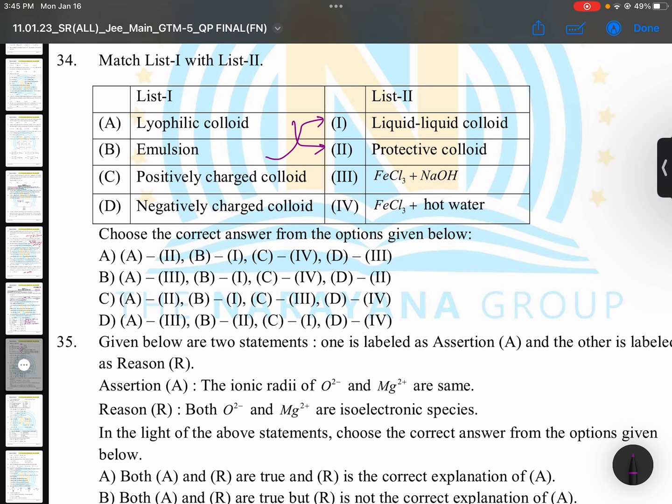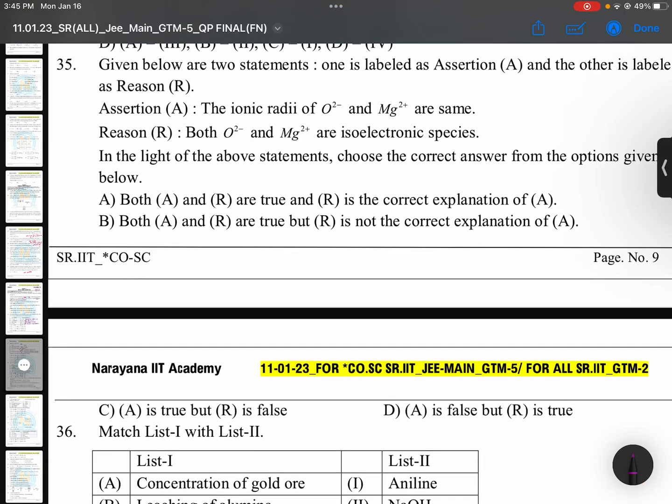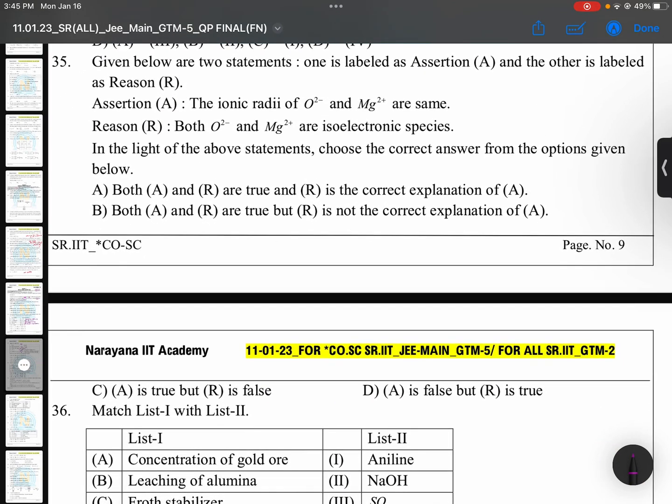Positively charged colloid, negatively charged colloid. Correct?